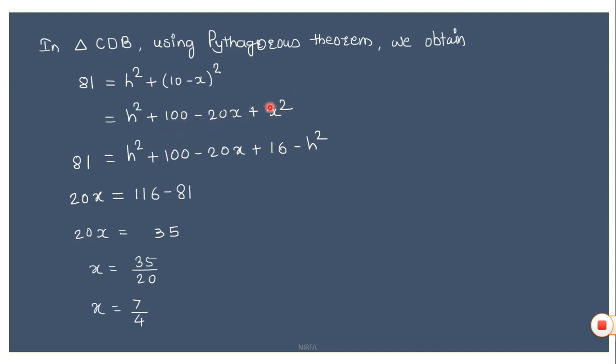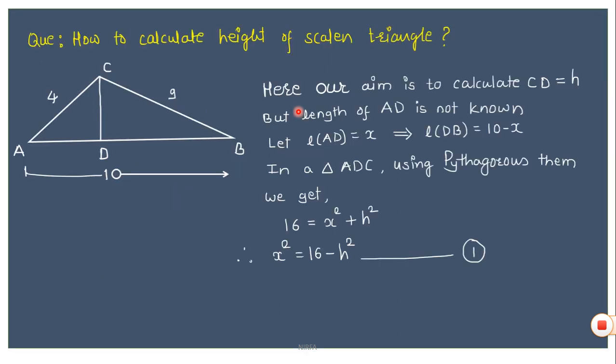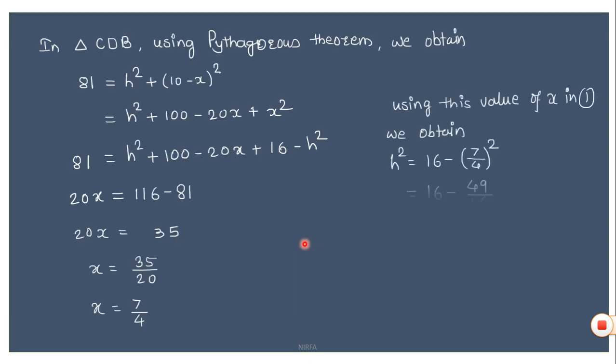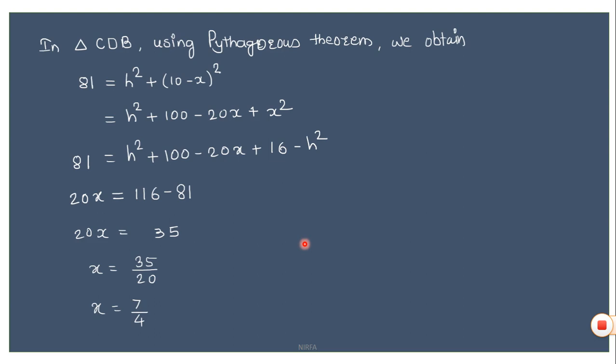Now it has x square, and in the last expression we have got the value of x square. So put this value of x square here and calculate. h square gets cancelled, minus 20x transfer to the left side and 81 transfer to the right side. And I will get, after simple calculations, x is equal to 7/4 units.